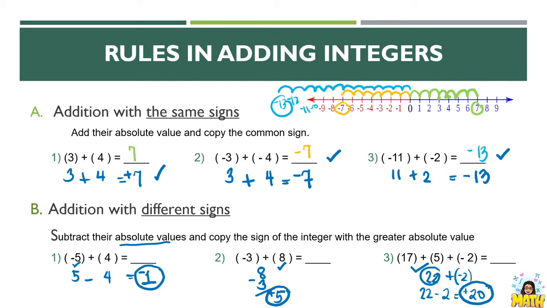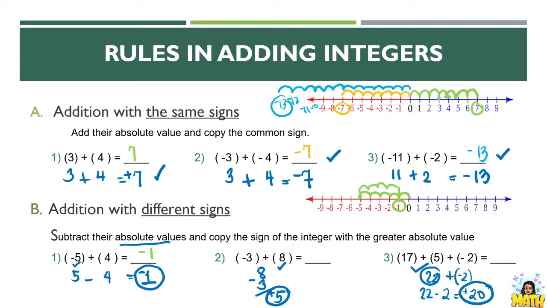Again, let's show that using this number line. The first one, number 1, negative 5 plus 4. Negative 5 is nasa left, so we'll have 1, 2, 3, 4, 5. And then positive 4 is nasa right, 1, 2, 3, 4. So here we'll have negative 1. Next, negative 3 plus 8.